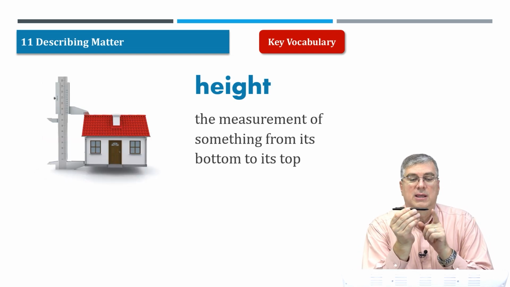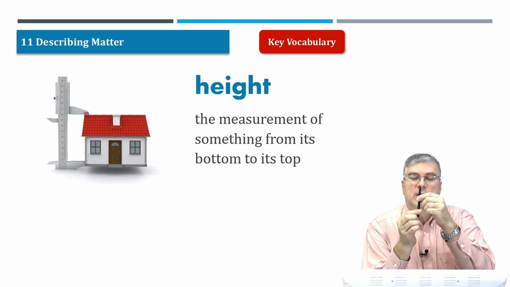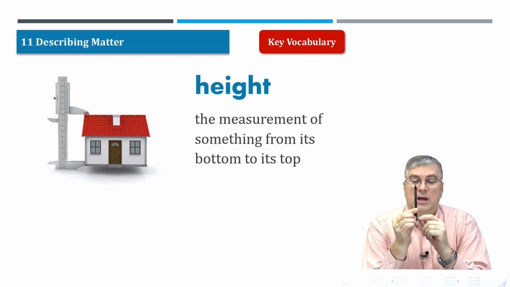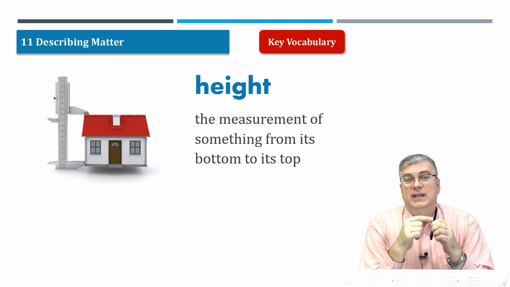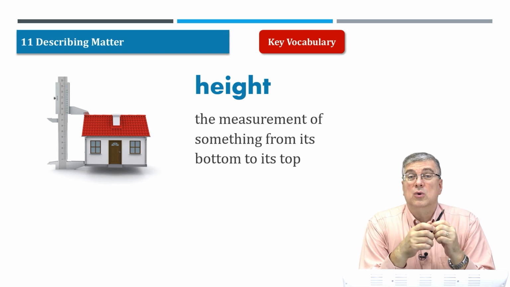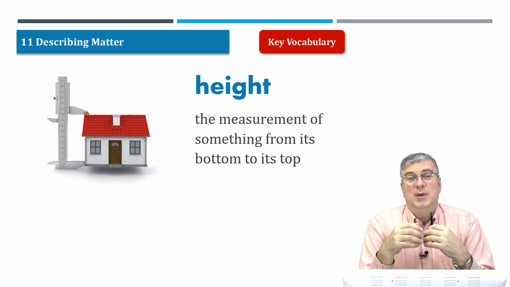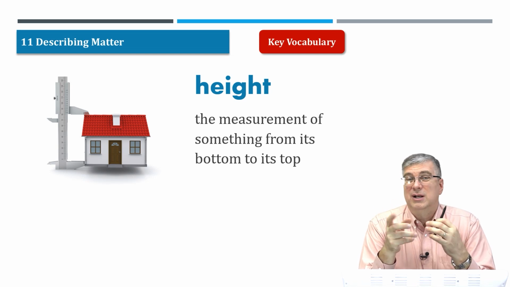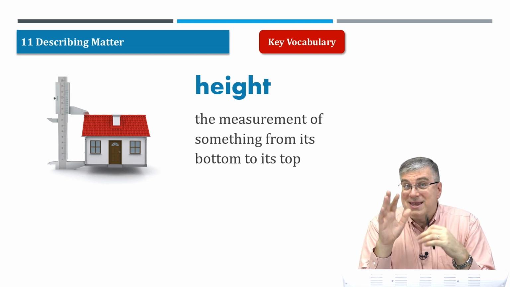Okay, next we have height. Now we just talked about length. That's the measurement from one end to the other. But what if I turn the pen this way? We're going to talk about height. When we talk about height, we can also say, how tall is it? And if somebody says to you, how tall are you? They're asking you about your height. Maybe you would answer, 100 centimeters to 120 centimeters. I'm not sure, but maybe you're in that range.